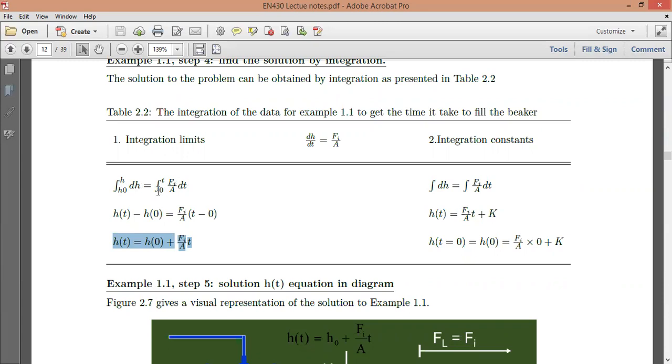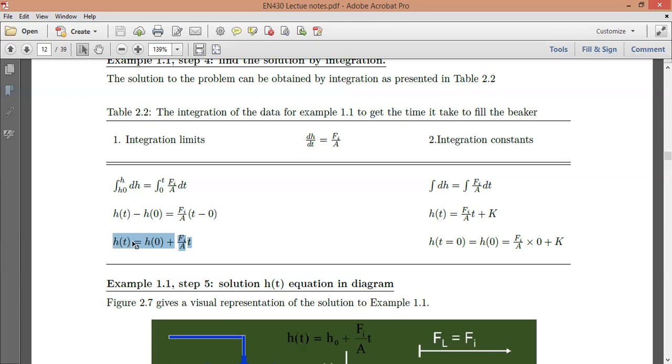Time is of course before there was water, and then when the beaker got full, that's the time that was recorded. Cross-sectional area and volumetric flow rate you are given in the question, changing time. So in the end, what we achieve is H as a function of time.